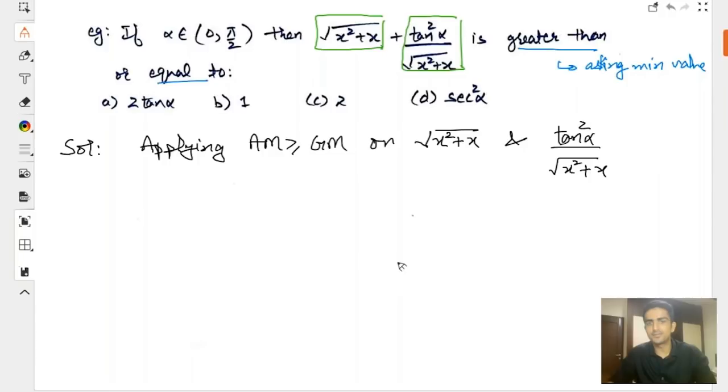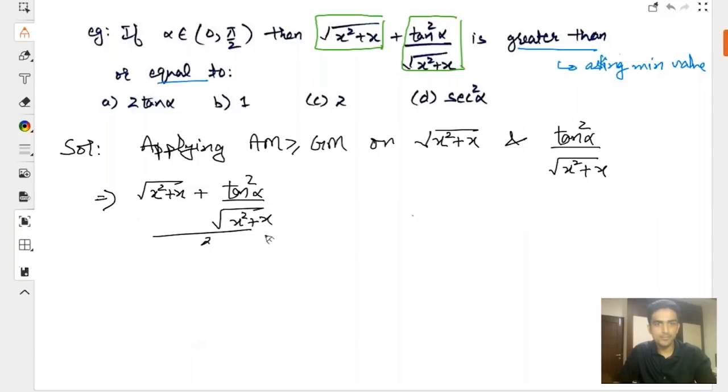So two terms are there. So guys, what is their AM? It's their sum divided by 2. It must be greater than equal to their GM, that is root of their product.